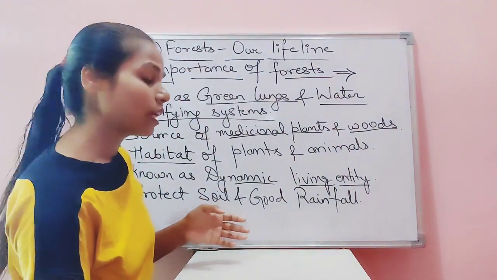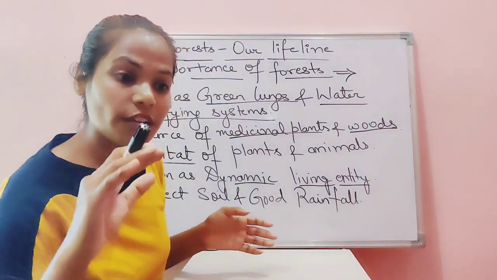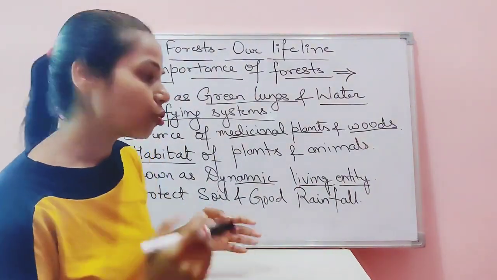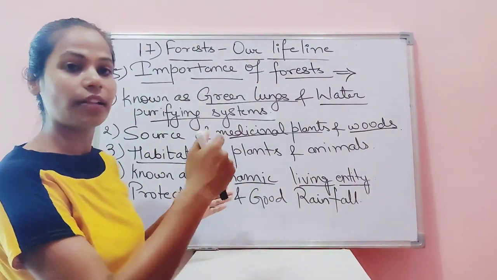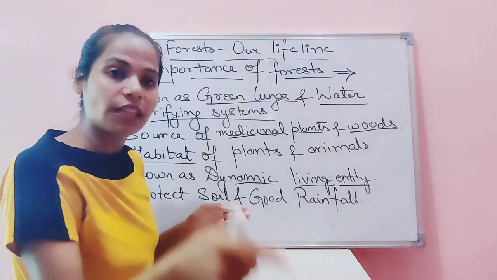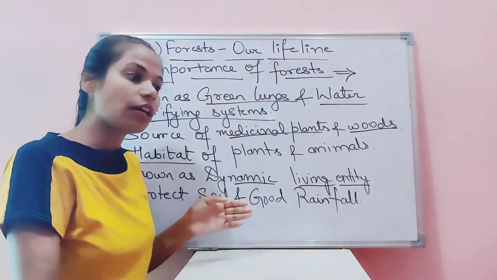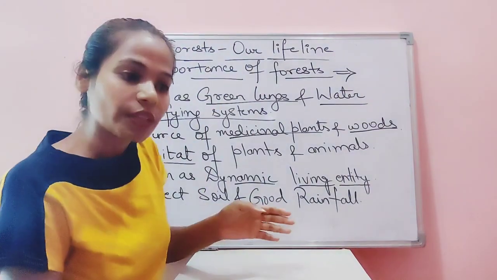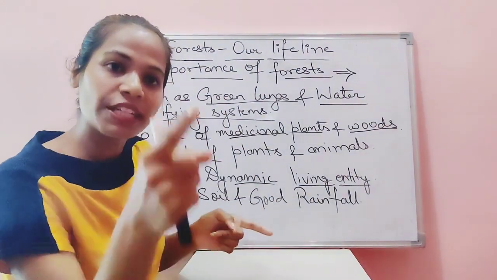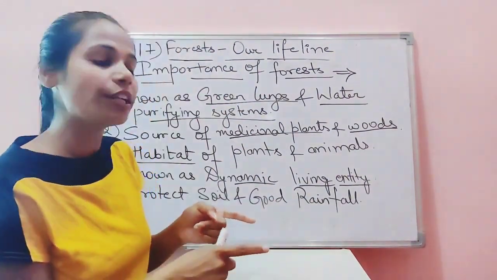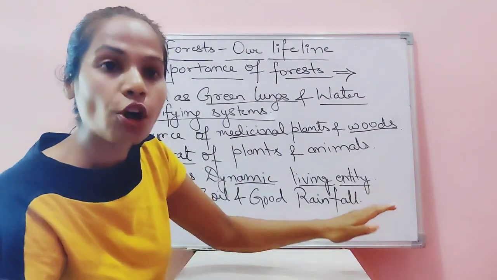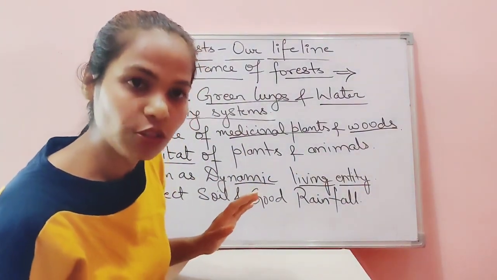Then it is taken up by the water reservoirs, the water tables under the earth. Okay, so it's a living thing. It's a living dynamic thing. Means what is happening over here? The revolutionary process of different nutrients and water is going on in the forest. No loss of nutrient is happening over there.